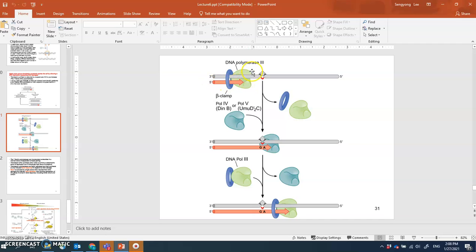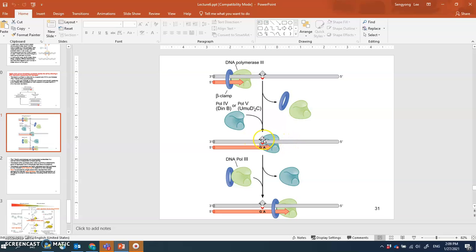Normally when it faces a lesion, like a dimerized, covalently attached T's, it doesn't know what to do, so it just stalls there. Under stress, DNA polymerase 3 falls off. Instead, these special polymerases, polymerase 4 and 5, may join there instead of polymerase 3, and then they can move along the lesion area.